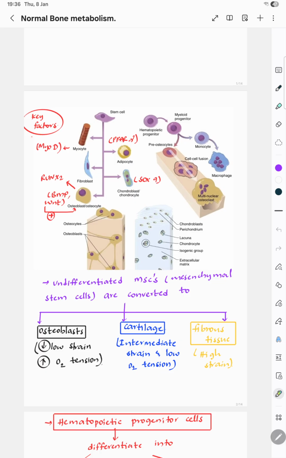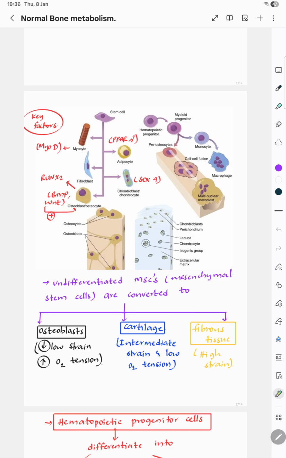The key factors involved in conversion of mesenchymal stem cells are: for myocyte it is MyoD, for adipocyte it is PPAR gamma, for chondroblast or chondrocyte it is SOX9, and for osteoblast or osteocyte RUNX2. The BMP, bone morphogenic protein, and WNT stimulate the conversion of stem cell into osteoblast or osteocyte.